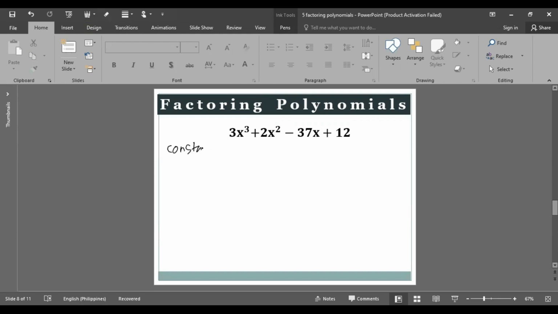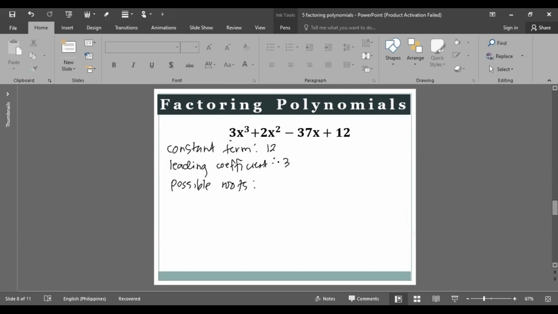The constant term here is 12. The numerical coefficient of the first term, which we call the leading coefficient, is 3.